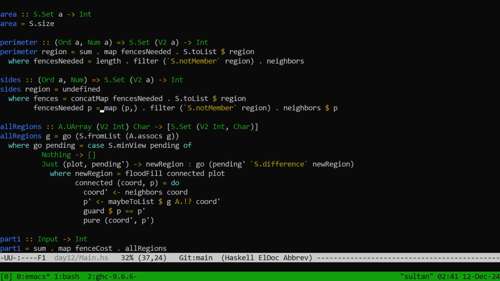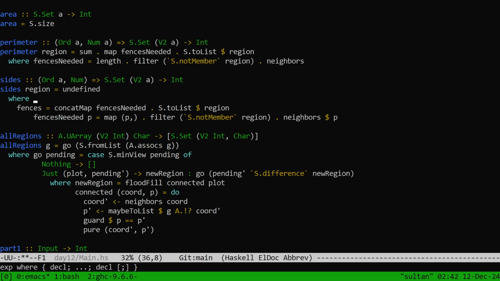That consumes the list. So anyway, we're not there yet. Right. So I want to do something with the result of fences.